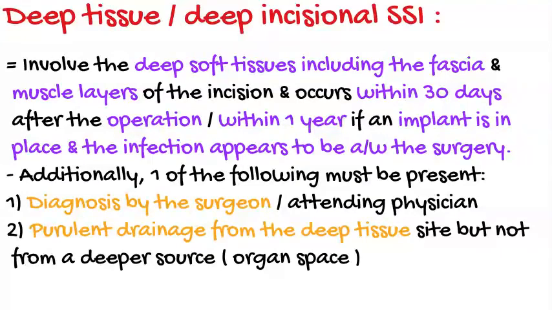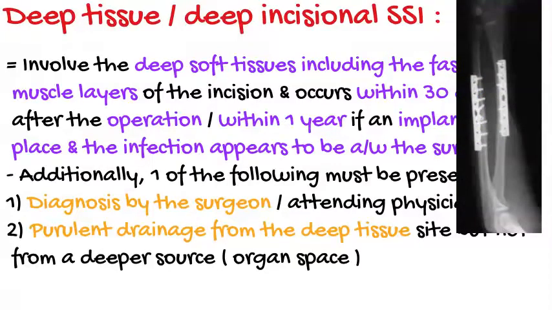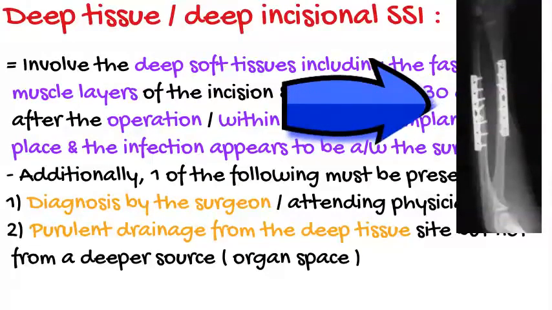Additionally, one of the following must be present. Number 1, the diagnosis by the surgeon or the attending physician. Number 2, purulent drainage from the deep tissue site but not from a deeper source, for example from the organ space. As illustrated by the X-ray, infection can occur after plating of the radius and ulna.